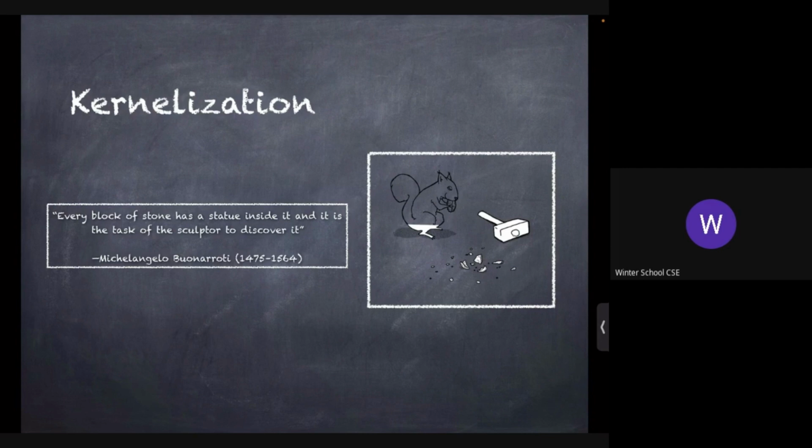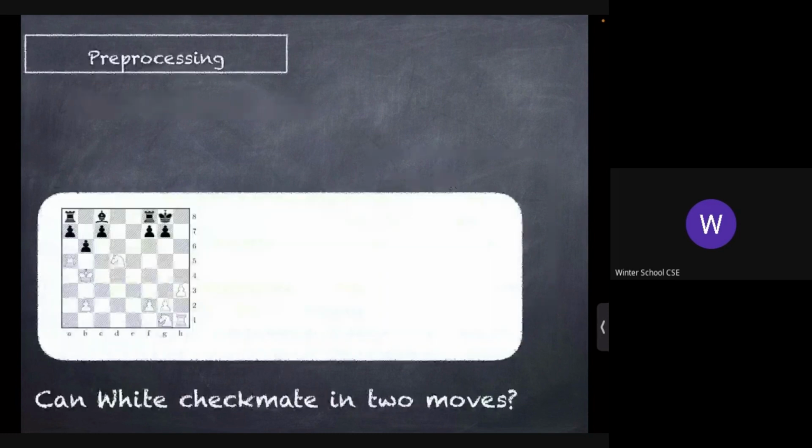But if you're a good sculptor, you look at the stone, and then you realize what you have to delete from the stone to make your sculpture. It's just a different way of seeing things. And this is basically what kernelization is doing. It's a way to understand what you can remove from your input to keep only the essential part, which is interesting, which is computationally challenging.